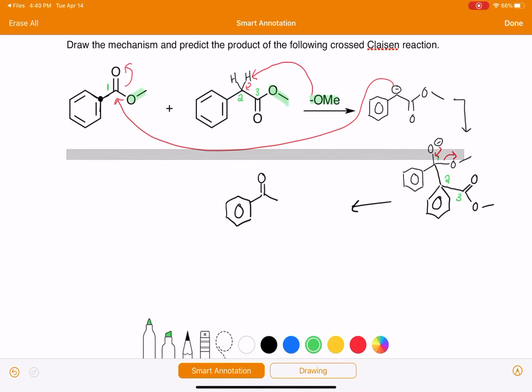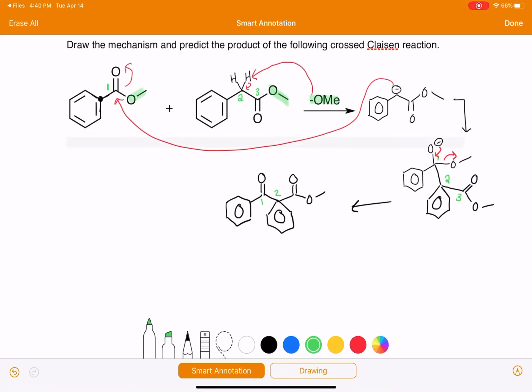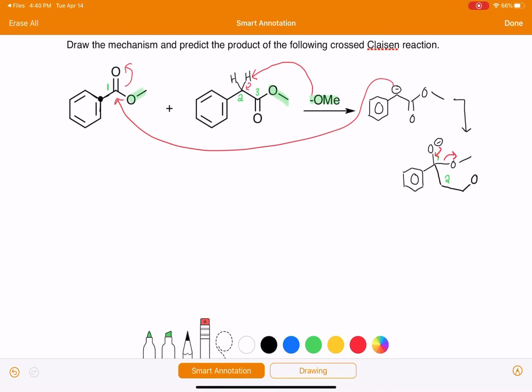There, that was carbon number 1, and I just drew carbon number 2. Carbon number 2 has the benzene ring on it up to carbon number 3. So there is our product. Really, I'm pretty sure that is wrong. I made a mistake. Carbon number 2, back it up, is connected to a benzene ring.